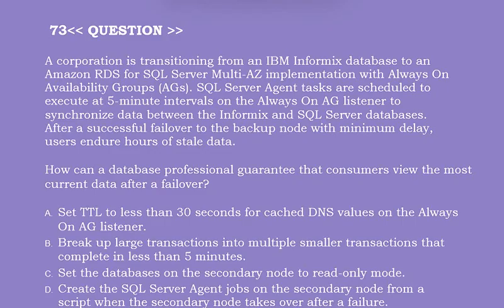After a successful failover to the backup node with minimum delay, users endure hours of stale data. How can a database professional guarantee that consumers view the most current data after a failover?